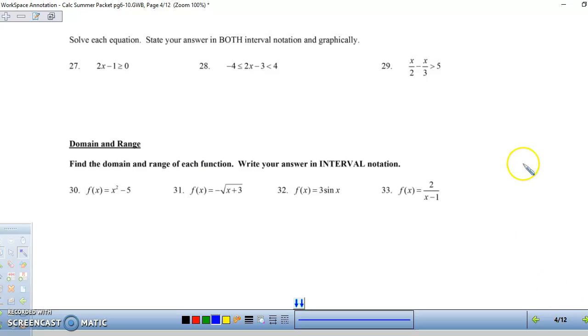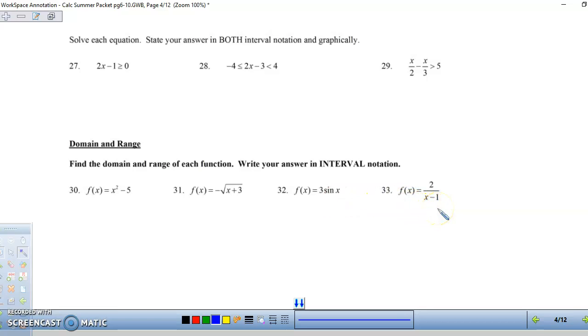Okay, and then over here, you're just practicing with those interval notations and the graphing. Domain and range. So it is really critical that you know the basic parent functions for x squared, that's a parabola. Square root of x is basically half of a parabola. Sine of x, so you have the sine curve.